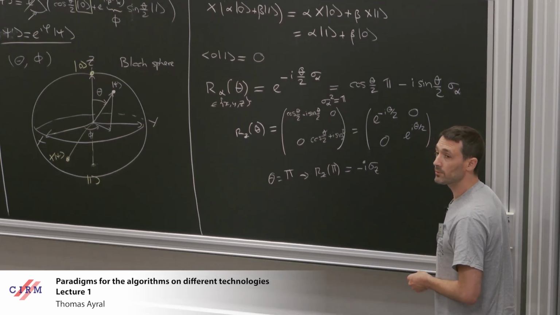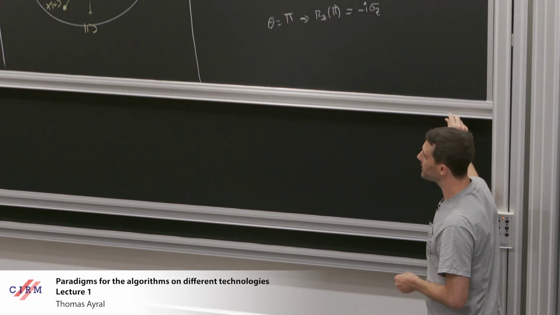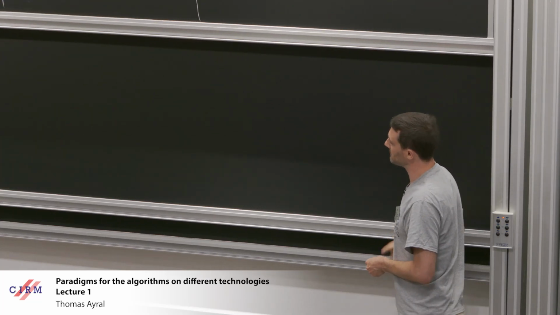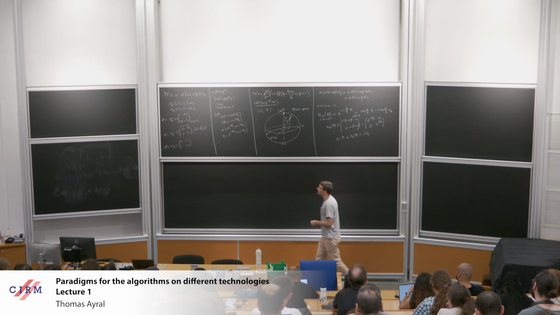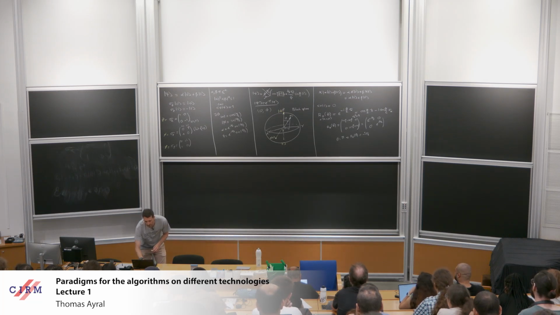Okay, so now we know how to manipulate a single qubit, and we're going to manipulate 2 qubits. So that was 1 qubit, and now let's move to 2 qubits.